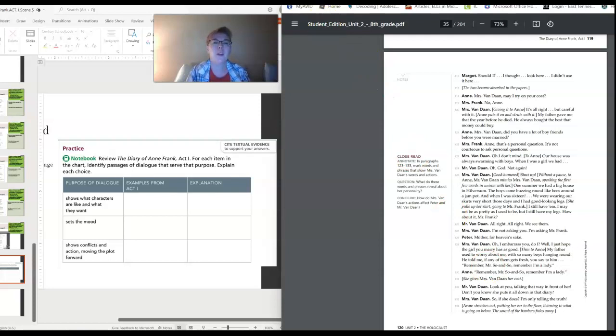So the way I would write this would be, here I would say scene 3, paragraphs 123 to 133. Now see, that came directly from the close read. And then I would write what it shows.